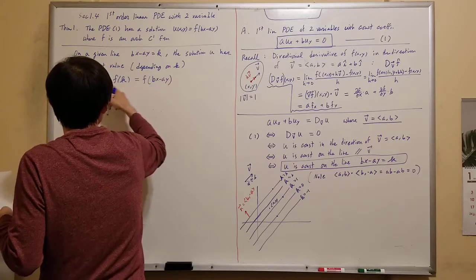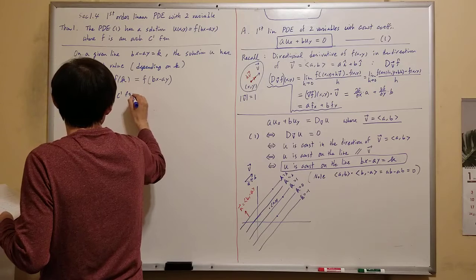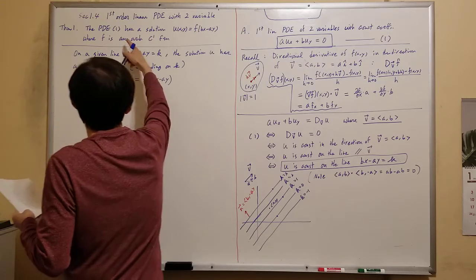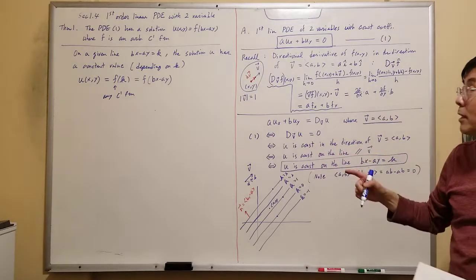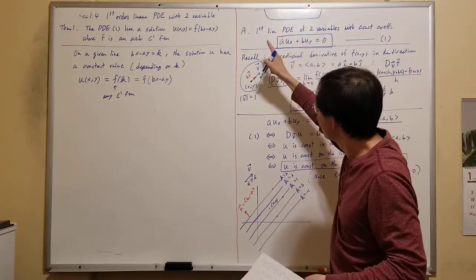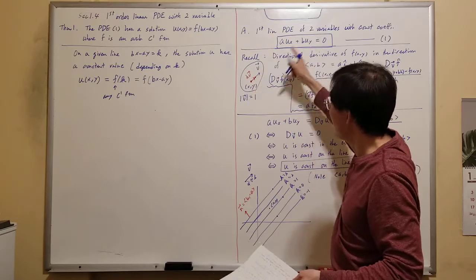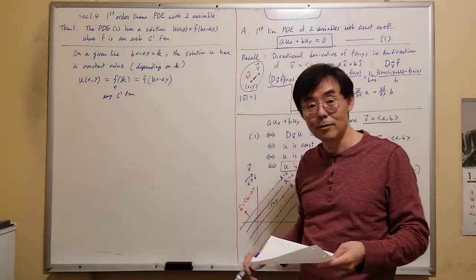So, f can be some function here, any C1 function, right? So, our solution will be f of bx minus ay, any function of that, alright?